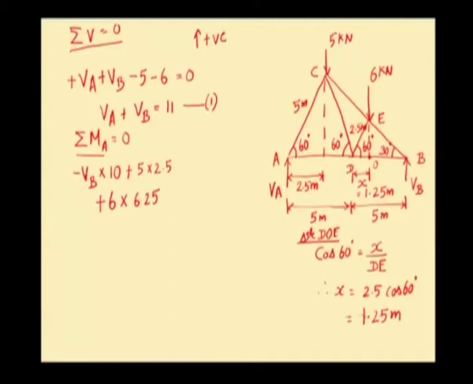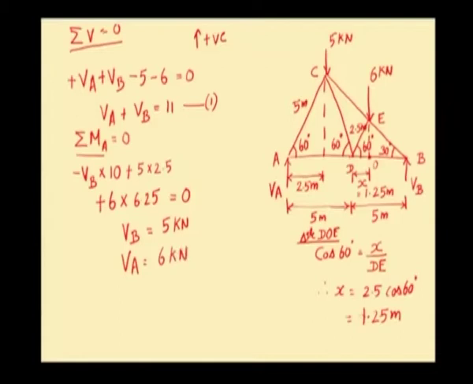Now, this is the algebraic sum of all moments about A, and I am equating it to 0. From this, we can calculate the value of VB. VB will come as 5 kilonewton. Now, putting the value of VB in equation number 1, we can get the value of VA. VA will come as 6 kilonewton.